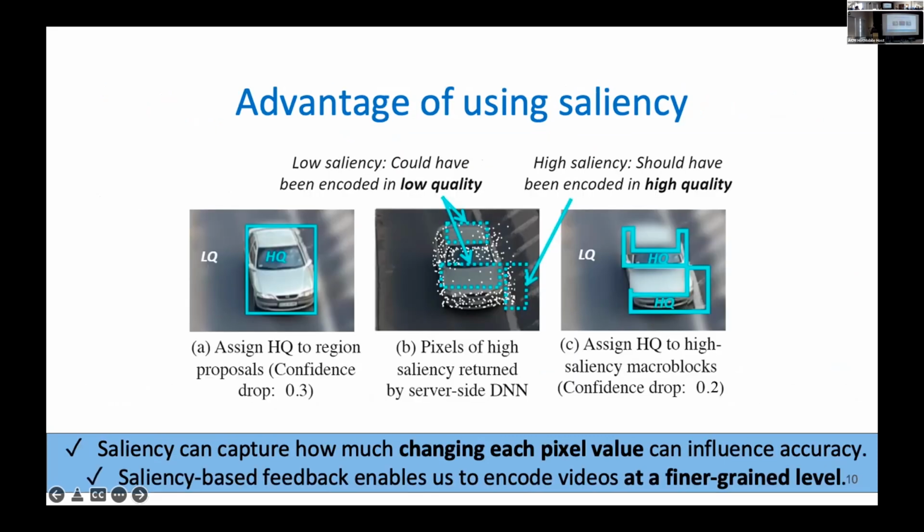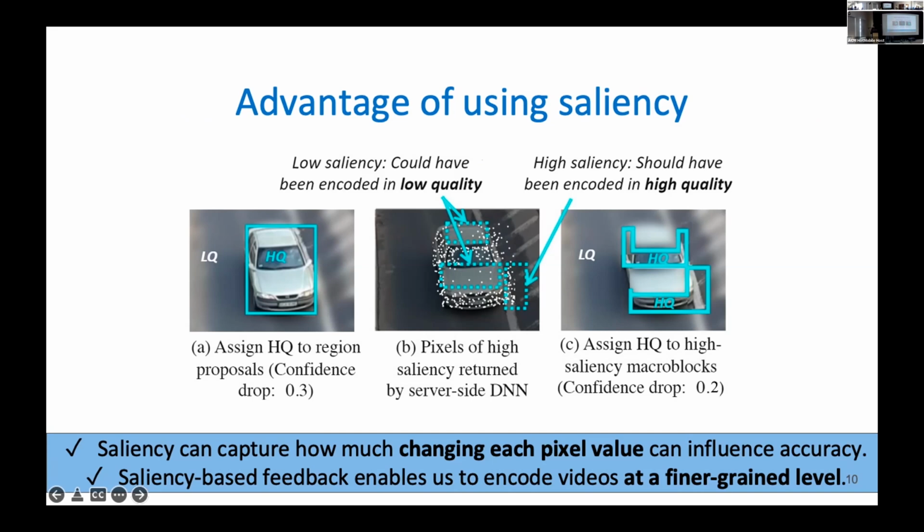So what's the advantage of using saliency, and what's the rationale or intuition behind it? Why do we believe that it's going to work well in this case? We believe that the key insight here is twofold. First, saliency is able to better model and capture how much changing each pixel value would influence the final inference accuracy.